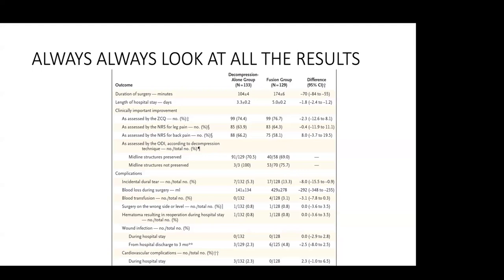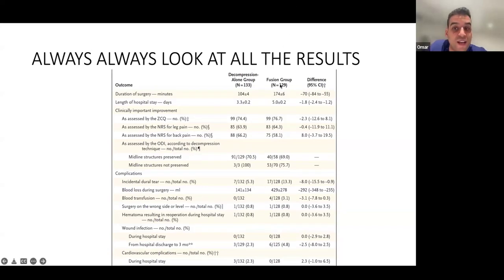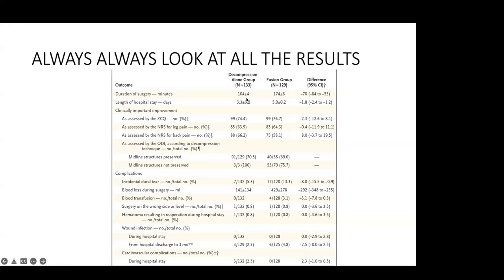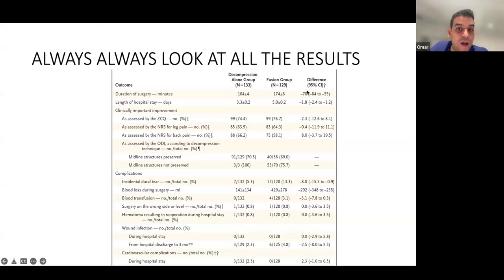Still wide, which also makes sense, because you are comparing decompression alone versus fusion, and you can see here the duration of surgery for the decompression group was nearly 70 minutes quicker, from 55 minutes quicker all the way up to 84 minutes quicker.